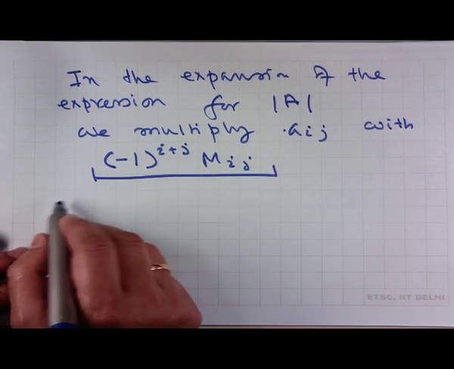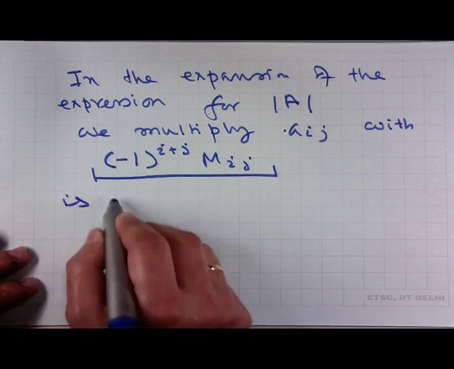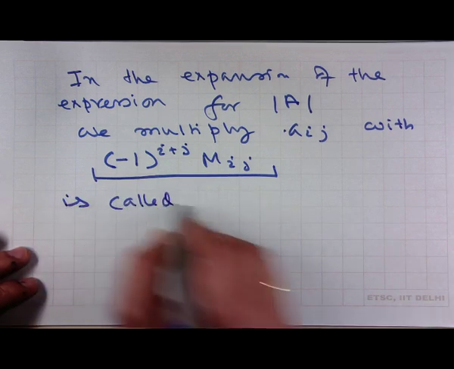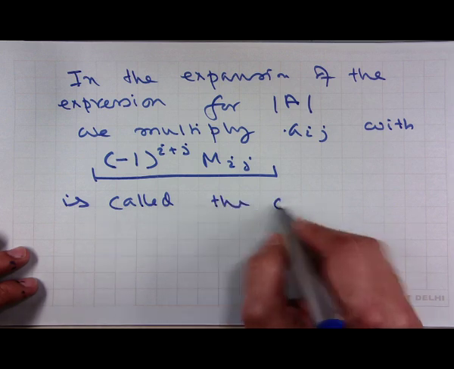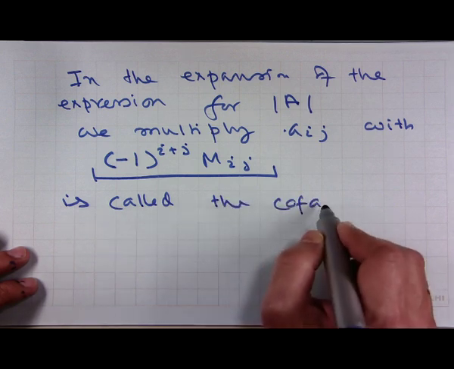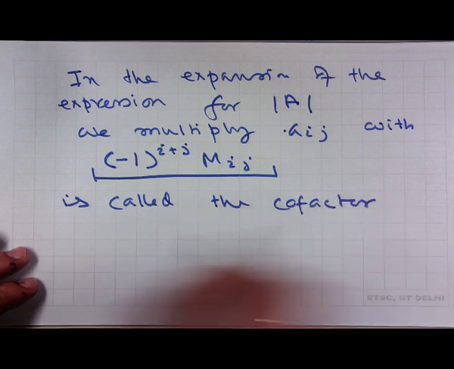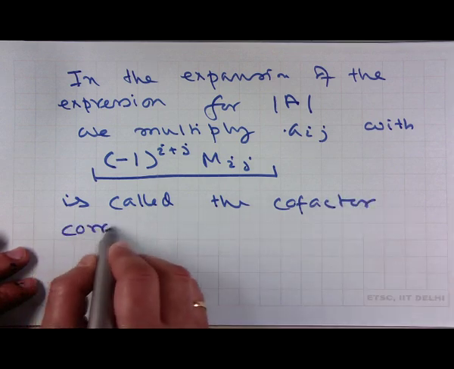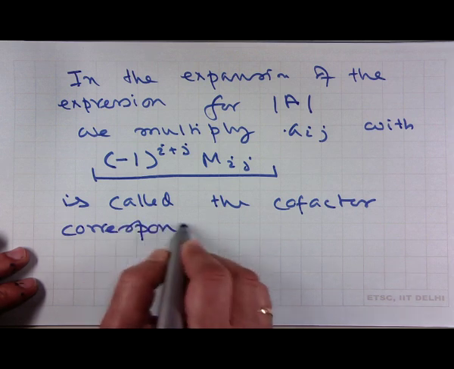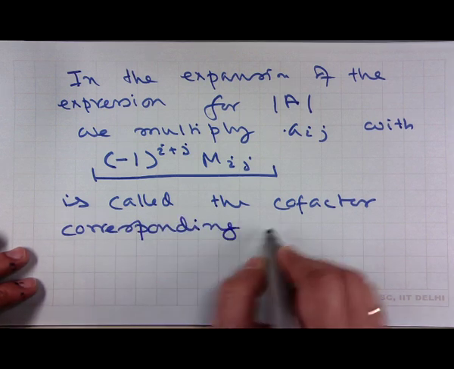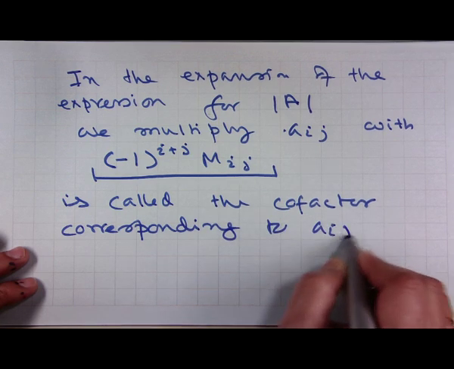This whole thing is called the cofactor corresponding to A_ij.